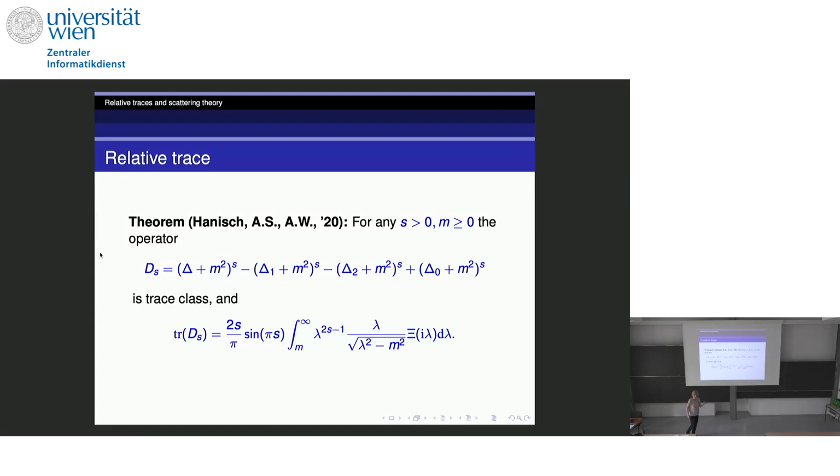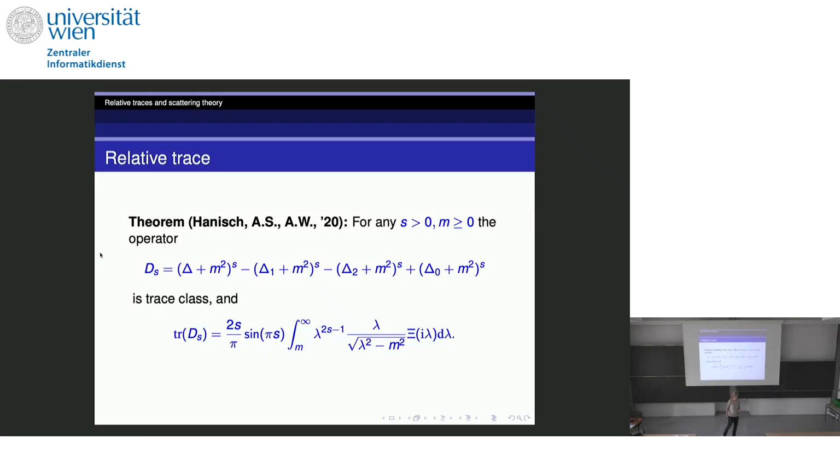What are these objects? You have a free space resolvent, and then you have a resolvent with an obstacle removed. So maybe far away, you're okay. And usually when people do relative trace formula, they have some cutoff around the boundary. But you have some issues with matching up the domains right at the boundary of the obstacle, which is what you would expect if you're subtracting things off that live on different domains, right?